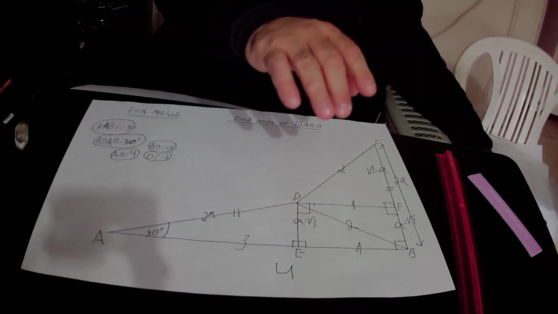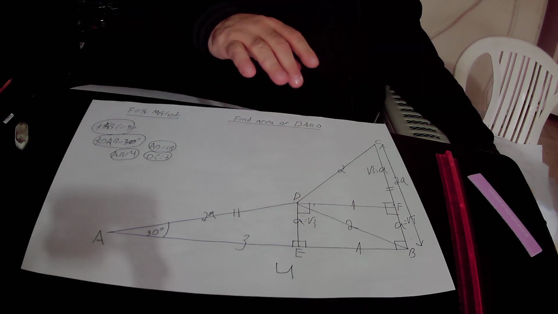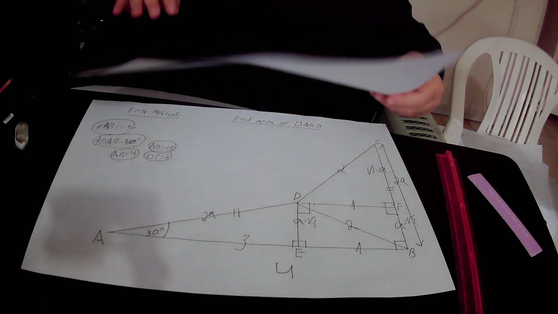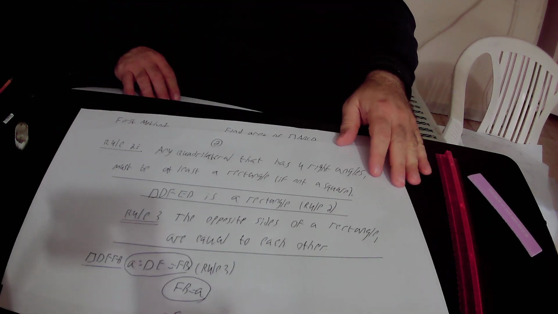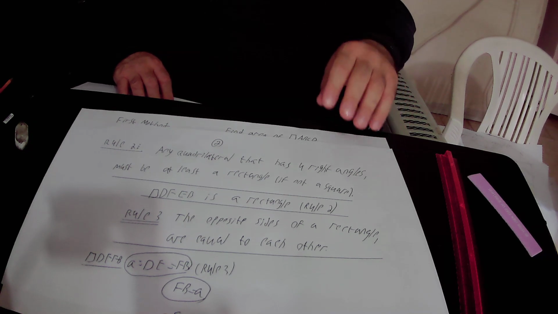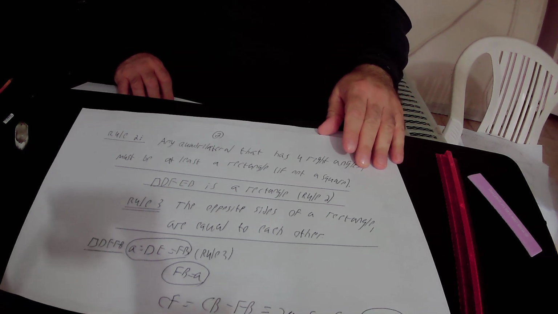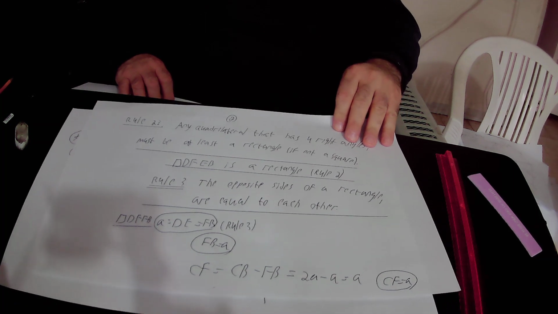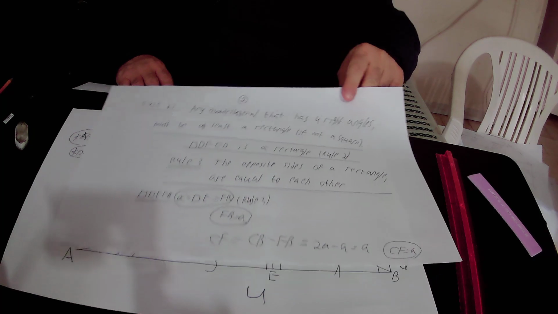Therefore, quadrilateral DEFB has four right angles. And we have rule number 2, which states that any quadrilateral that has four right angles must be at least a rectangle, so we will treat quadrilateral DEFB as a rectangle. Rule number 3 says that the opposite sides of a rectangle are equal to each other.